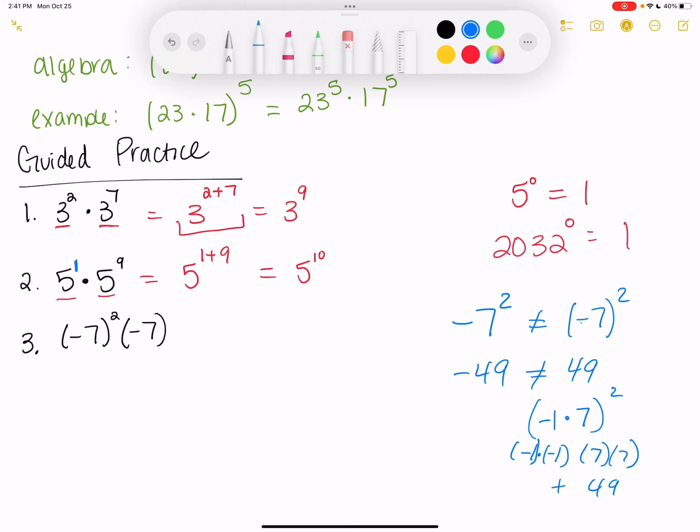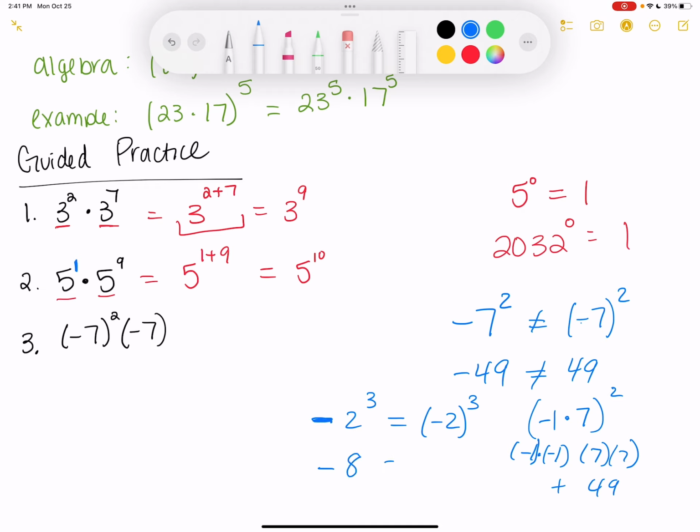But if it was, well, here, let me use an easier number. In this case, this cube is only touching the 2, so the negative comes down. 2 times 2 is 4, times 2 is 8.